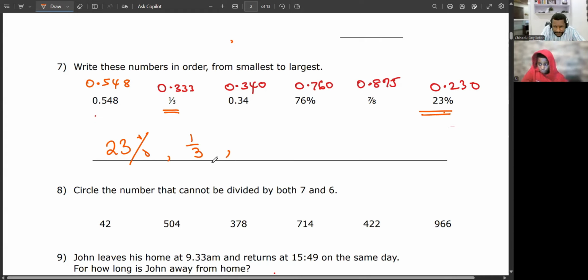The next biggest number is going to have to be 0.34. Good. The next bigger number is 0.548.